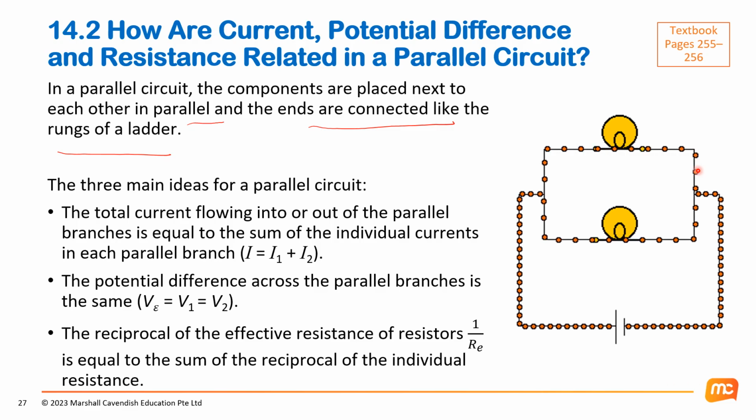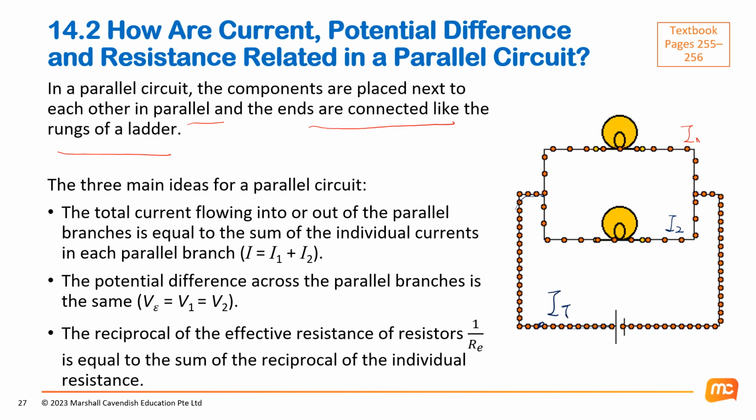So the main idea is that if there are some amounts of current, let's say this is I1, and the other side of it is I2. When they meet back together and travel back into the battery, or the cell, sorry, let's say this is IT, total.